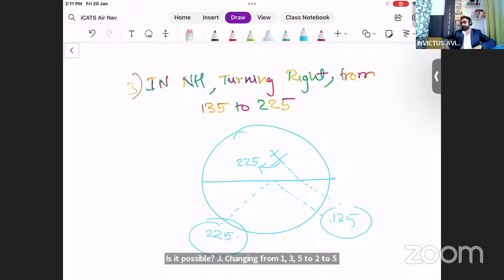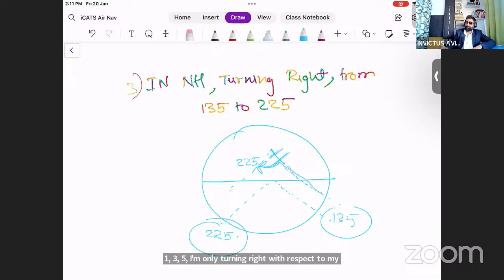Can it be done through a right-hand turn? Yes. Can it be done in the Northern Hemisphere? Right-hand turn? Why not? This is right hand only. Carefully, if I look at it, from 135, I'm only turning right with respect to my pilot's heading only.